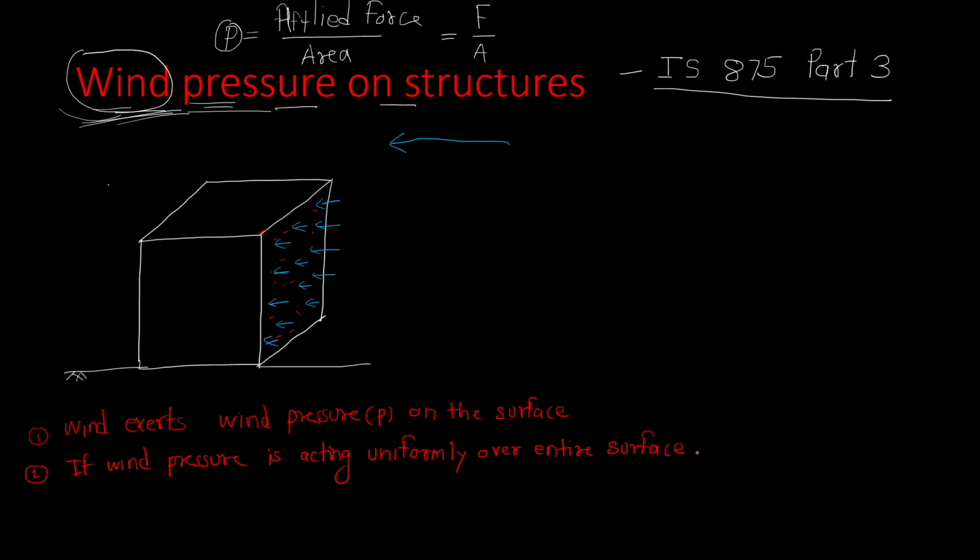surface, then the resultant force, or we can say resultant wind force, will act at centroid of face exposed to wind. याचा अर्थ असा की बघा हे जे स्मॉल एरोज आहेत, these are representing the small p, that is intensity or wind pressure.